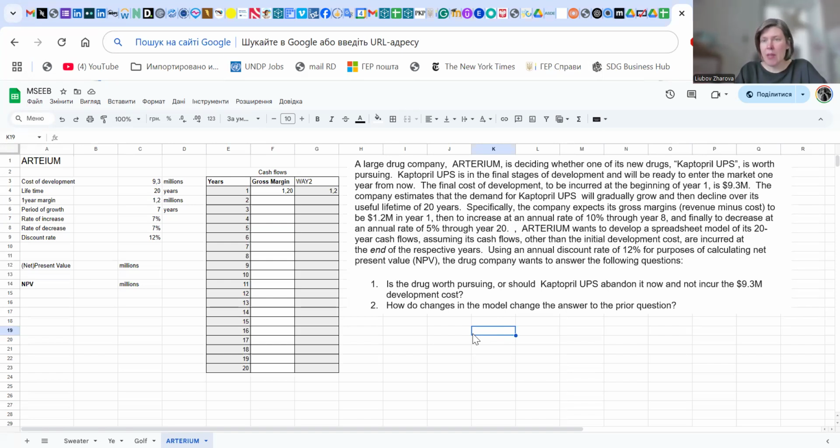So what we're going to talk about is net present value, and why we need it: to assess what is more profitable for investors, to invest in some activity that brings profit over a long period of time, or to just put money into the bank and receive the discount rate, a stable profit during the same period.